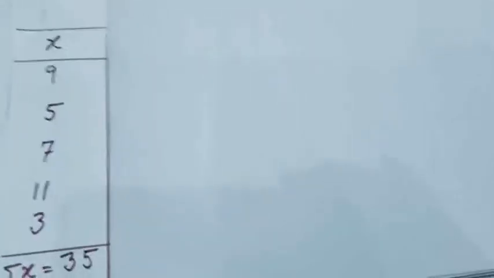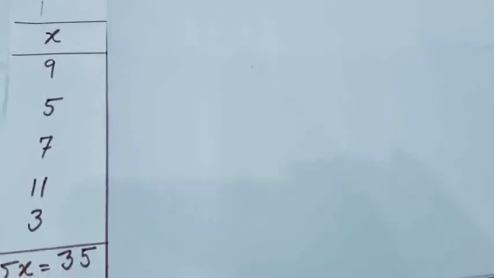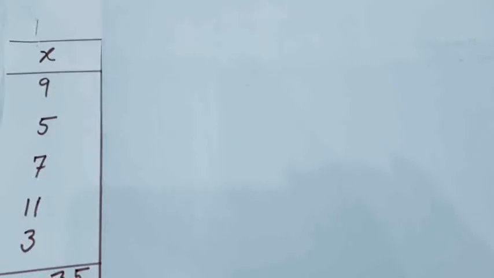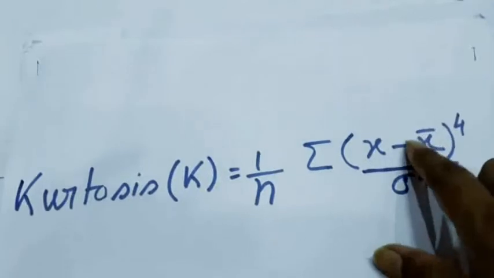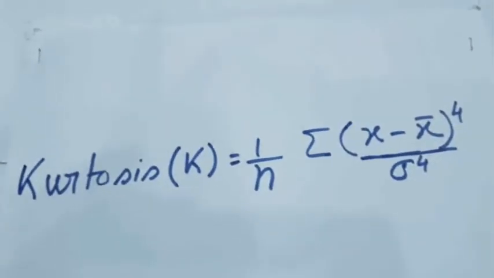Suppose this is our problem. Find the kurtosis of the observations 9, 5, 7, 11, 3. So what is the demand of the formula? First we have to calculate the x bar. How is x bar calculated?